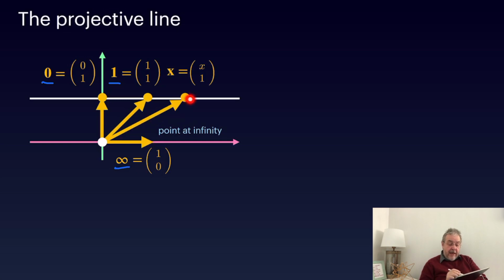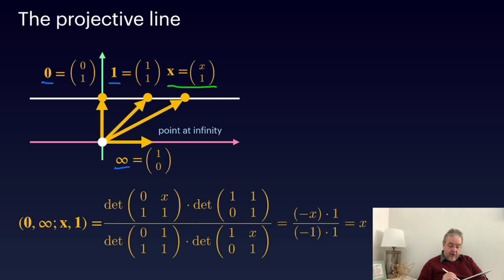And I want to calculate the cross ratio of some other point sitting at x, 1, and let's see what we get here. If we calculate the cross ratio, we have to divide those two products of determinants, and if you look at those products, you see that everything cancels down very nicely, and what we are left with is a simple number x.